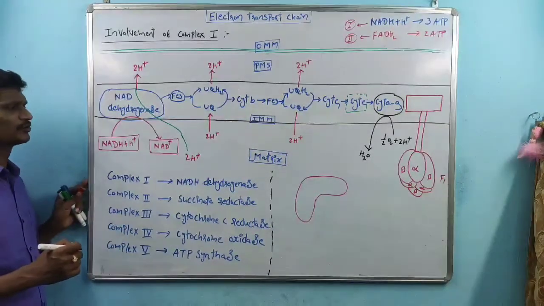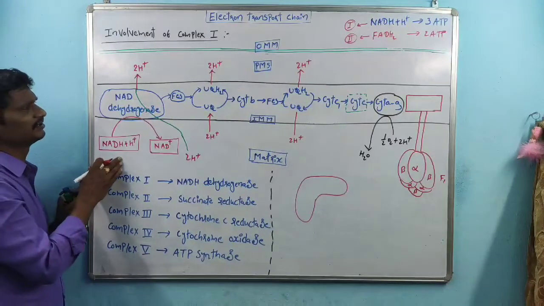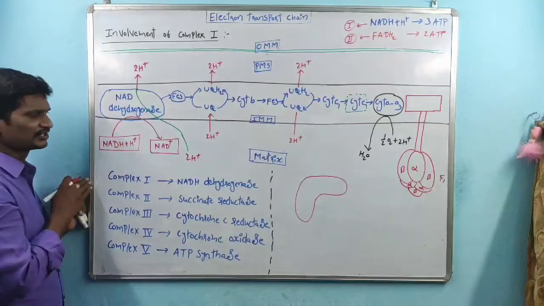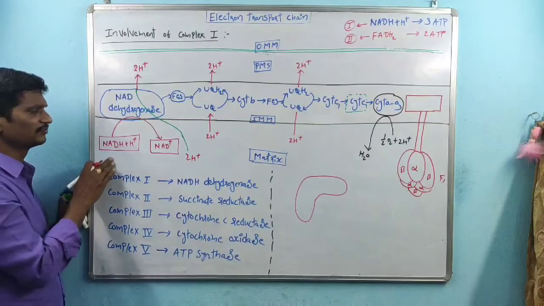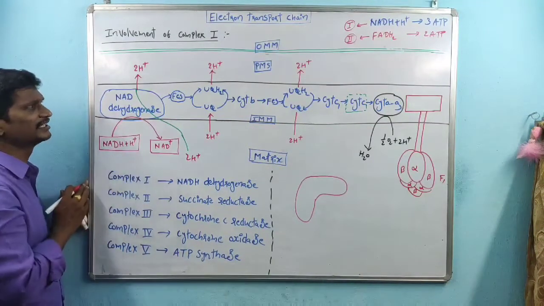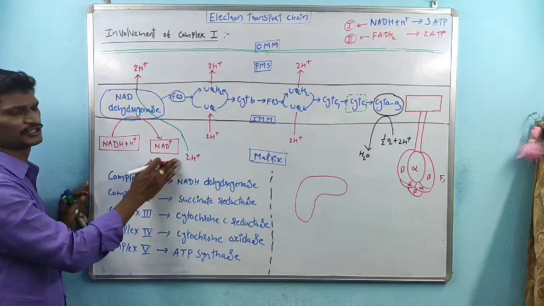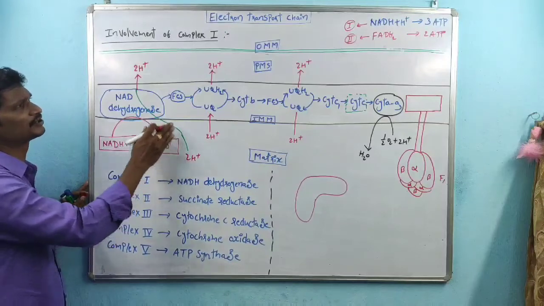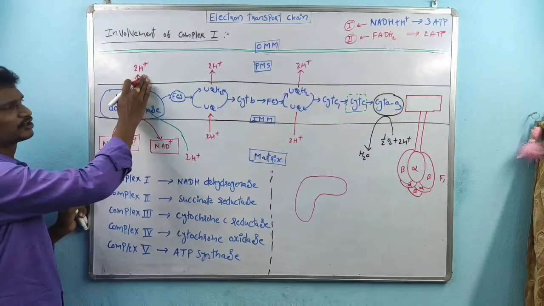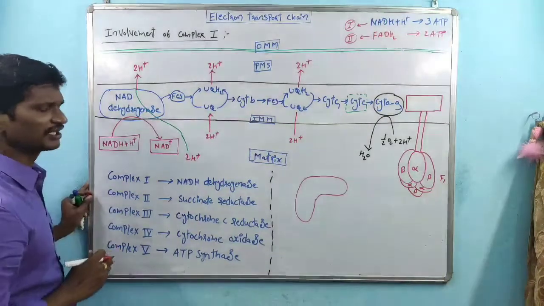Remember, NAD dehydrogenase is the enzyme that interacts with NADH plus H plus and converts it into NAD plus. During this process, 2 H plus ions are transported from the matrix to the perimitochondrial space.